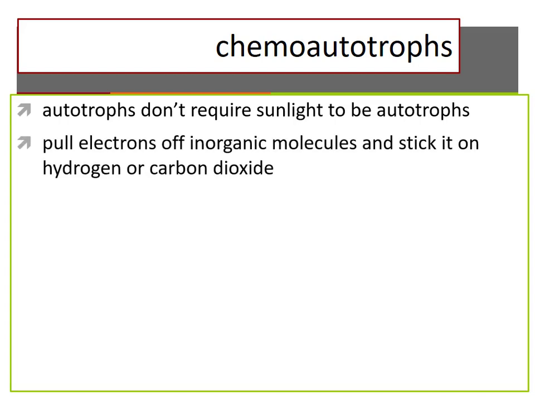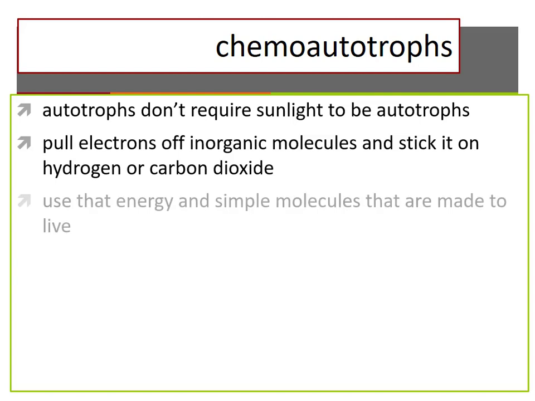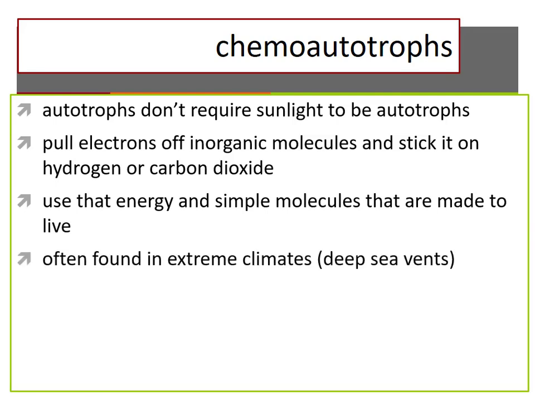Instead, they're going to take inorganic molecules and pull electrons off them and stick them onto simple things like hydrogen and carbon dioxide. They're going to use the energy from pulling electrons to fuel their cellular reactions, and they'll probably also use the simple molecules that they made.